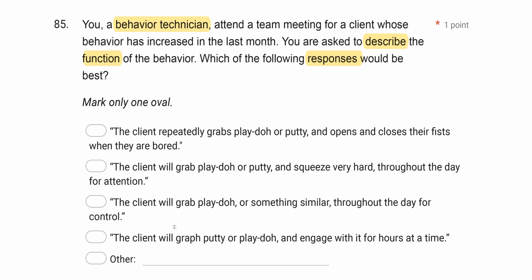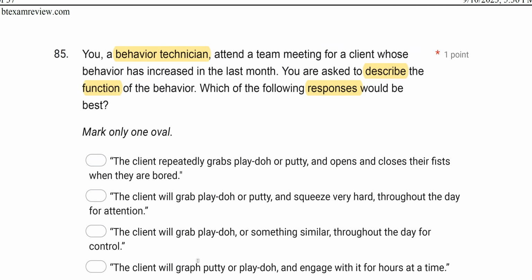Don't mix that up. And then D, the client will grab putty or Play-Doh and engage with it for hours at a time. We're not describing the function, right? So you want to make this as simple as possible. They're asking you to describe the function of the behavior. So you have four responses looking similar, some kind of worded strangely. None of that matters.